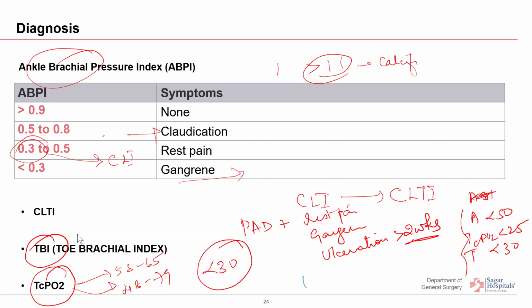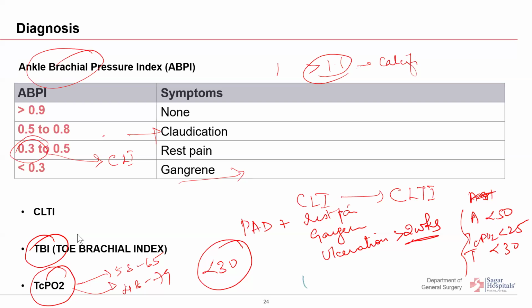Diabetes mellitus. So a diabetic patient can have extensive calcification in the arterial wall. Second is chronic kidney disease. Both these patients, which we very commonly see, can have a calcified media. So medial calcinosis and medial sclerosis will give you a falsely high ABPI.